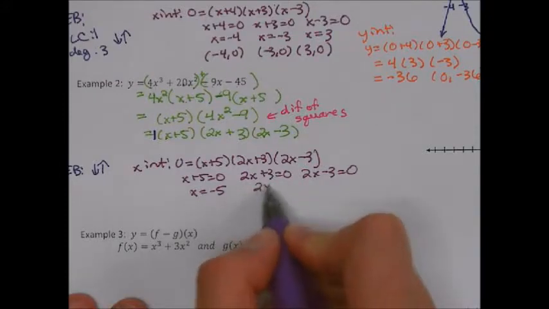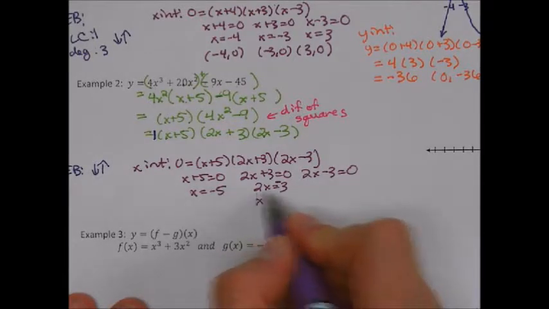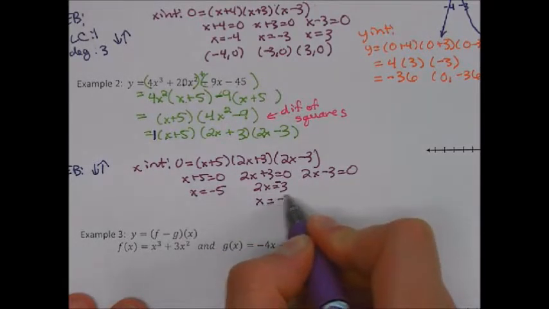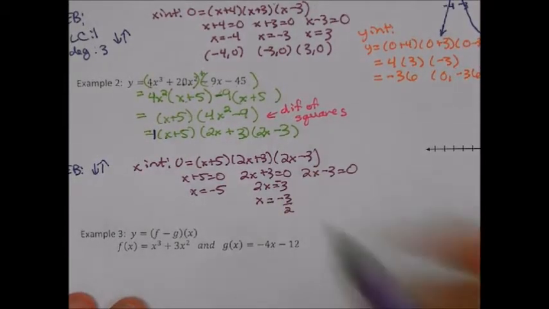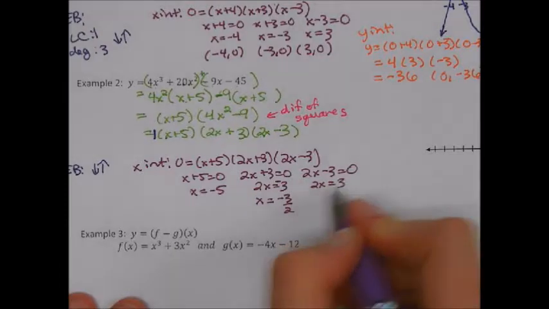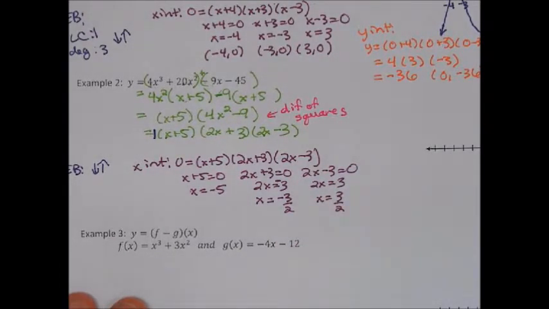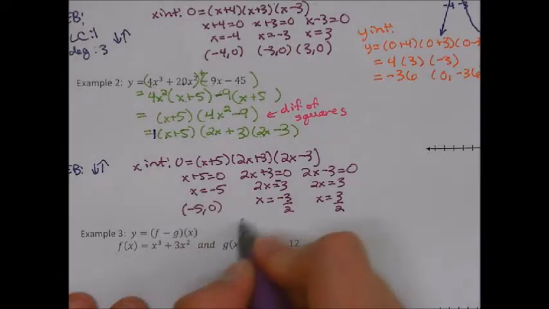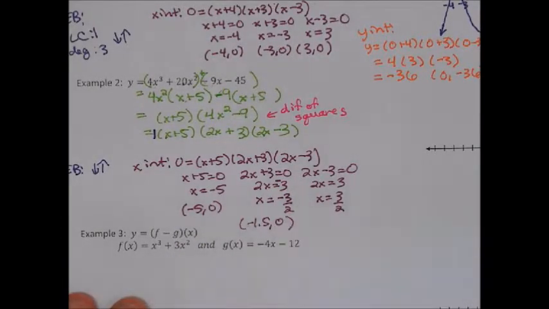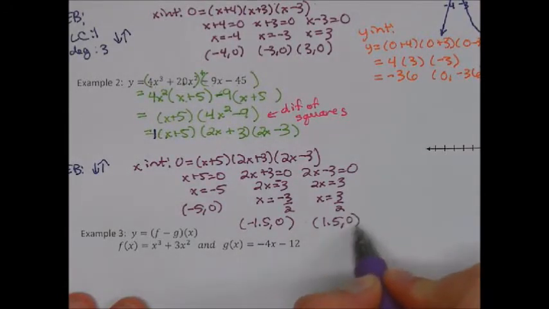Subtract the 3, divide by 2, I get x equals -3 over 2. Same thing here, we're going to add the 3 and then divide by 2. So I get x equals 3 over 2. Let's write these out. This one's (-5, 0). I'm going to write this as a decimal, -1.5, and then +1.5.